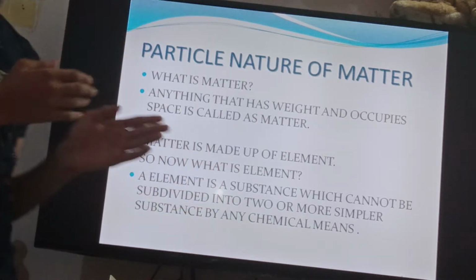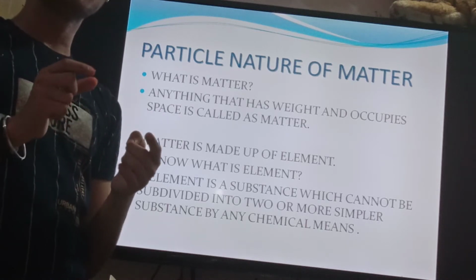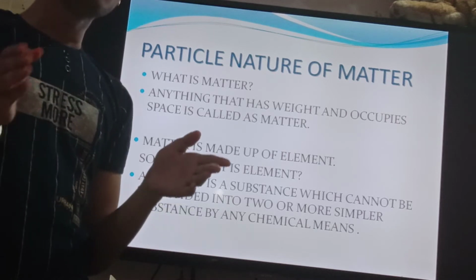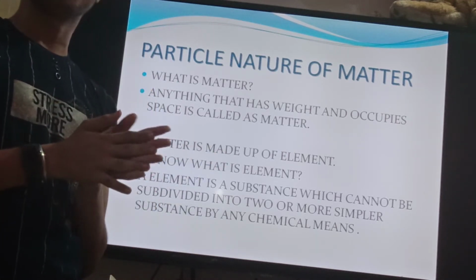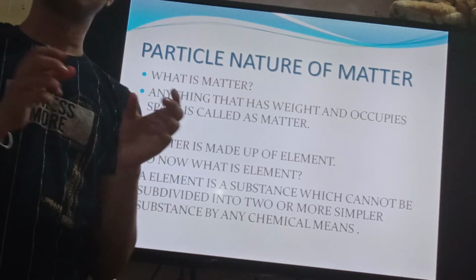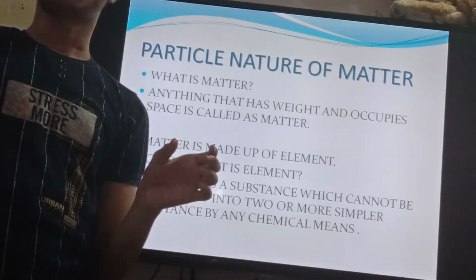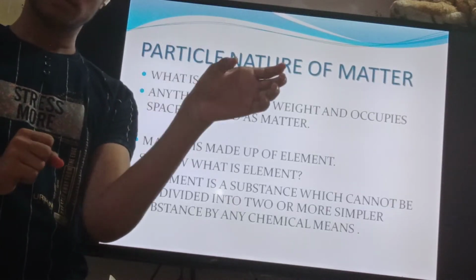This means the smallest unit, which is not a compound. Take an example, H2O, that is water, and water is a compound. From which elements is it made up? It is made up of hydrogen and oxygen. So hydrogen is an element.